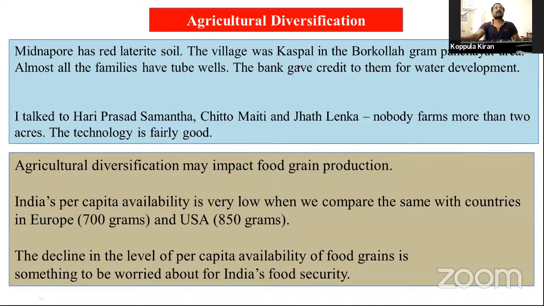One of the surveys here is particularly in West Bengal, there is Midnapur. Midnapur has red laterite soils. I went to Midnapur. I observed that area and people. The village was Kaspal in the Borkolla Gram Panchayat area.